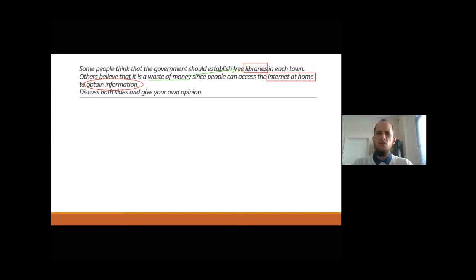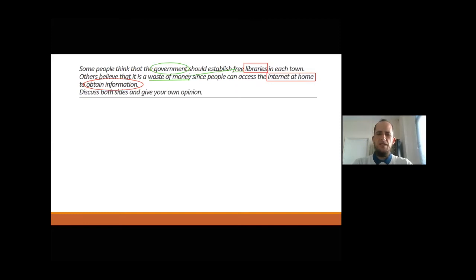There's another key word. Who are we really looking at? Who's responsible for all of this? Is it people themselves, or is it some other institution? Yeah, it's the government. So we definitely need to think of it from the perspective of a government.